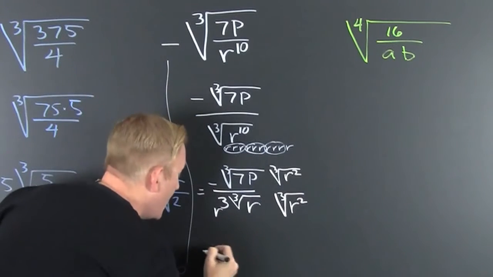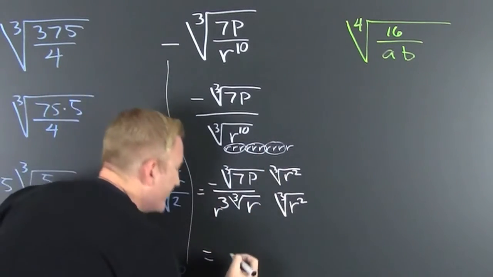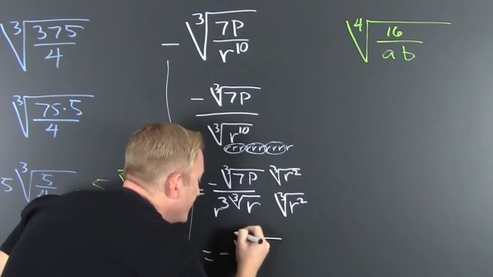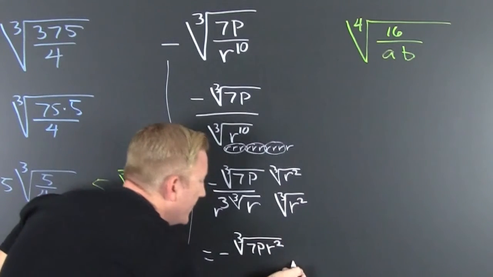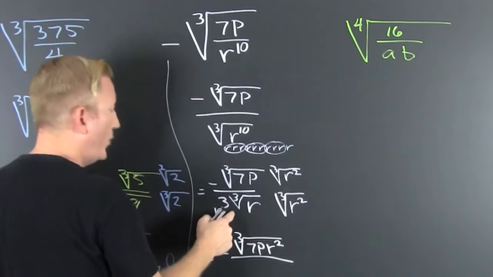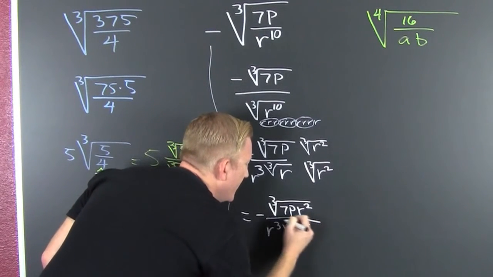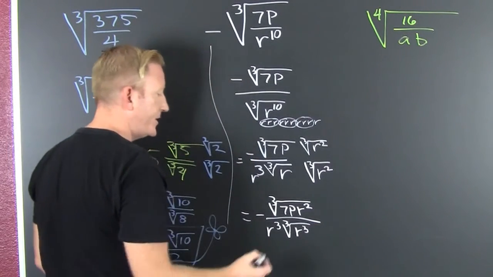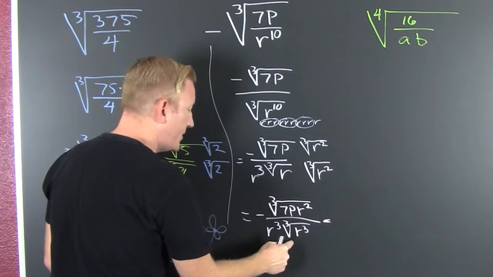Up at the top, I'm going to combine those roots because the product of the roots is the root of the product. So that's minus the third root of 7p r squared divided by r to the third times the third root of r to the third, because r times r squared is r to the third.